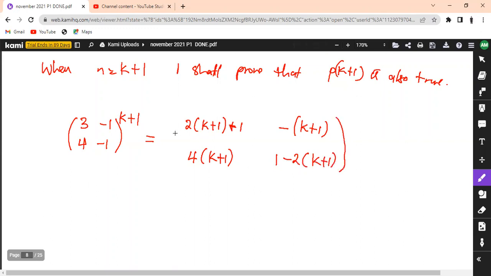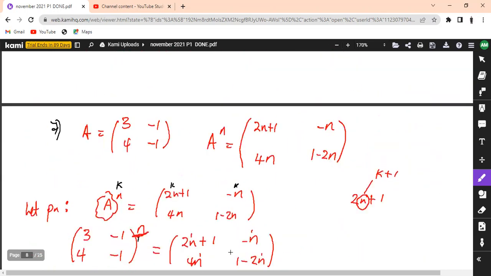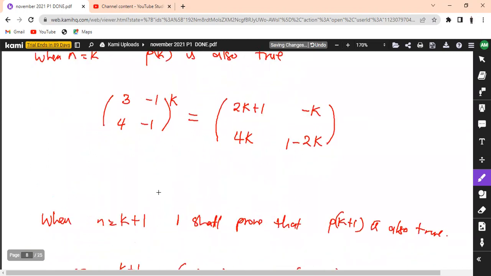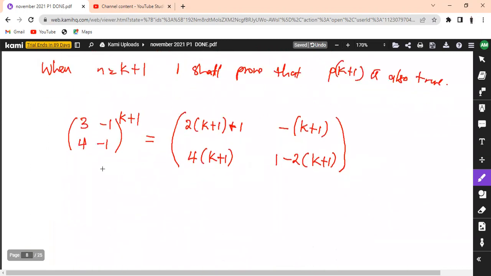Here you are just substituting k plus 1 wherever there is n. Then you're supposed to prove that when you expand this part, it must give you this expression.